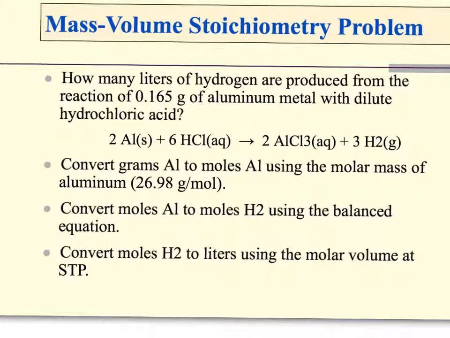This will be our chemical A, and our chemical B will be hydrogen. So to solve this problem, we must first convert from grams of aluminum to moles of aluminum, then use our coefficients to convert from moles of aluminum to moles of hydrogen, and then finally convert moles of hydrogen to liters.